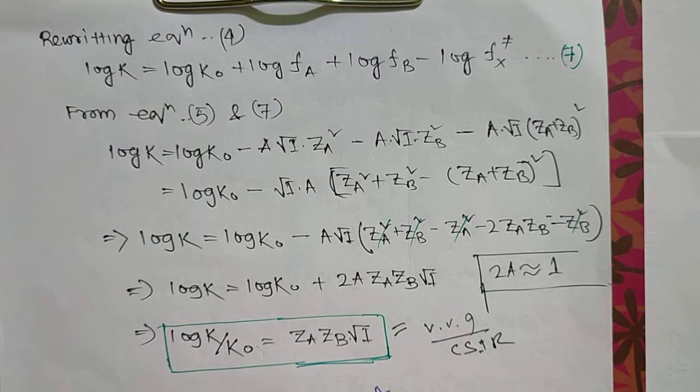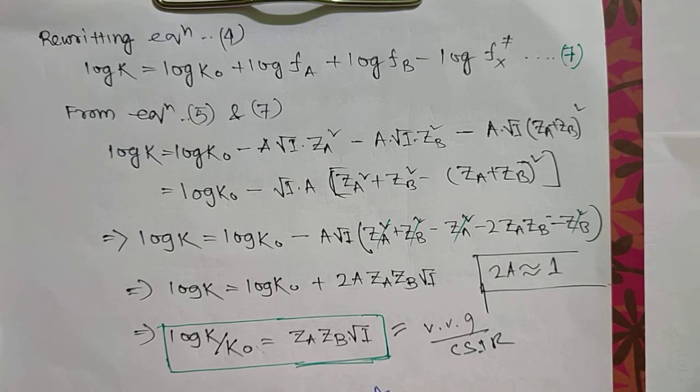So if za zb are positive, that means the rate constant or log k increases with I. That means as the ionic strength increases, the rate constant of the reaction will increase, provided za zb is positive.